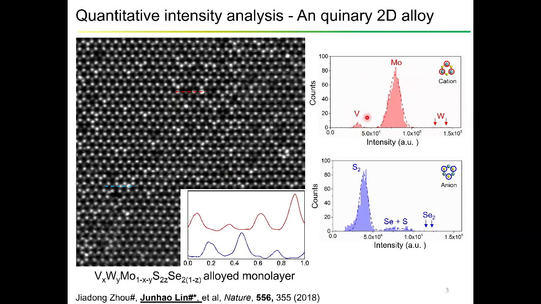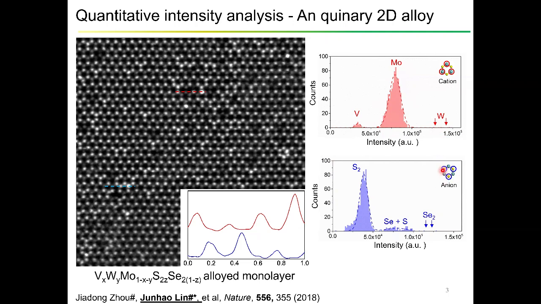And the lowest intensity here stands for the vanadium, because the atomic number of vanadium is the smallest among these 5 elements. So it scatters electrons much less than molybdenum. So the middle one is molybdenum. And the brightest one is tungsten because it scatters most of the electrons. So it appears to be very bright.